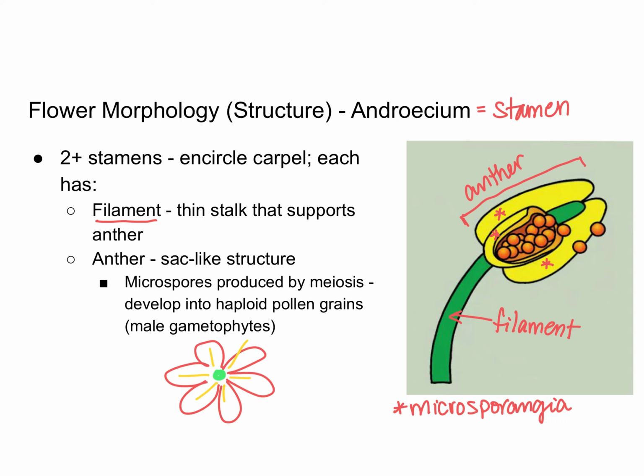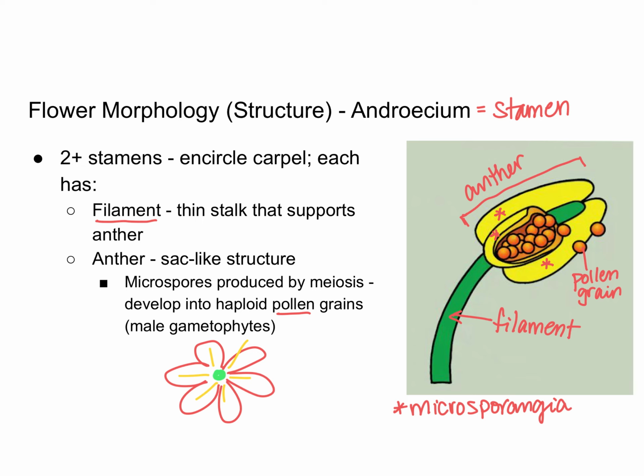So inside these microsporangia in the anther, there are specialized cells called microspores that are produced by meiosis. And ultimately, they are going to develop into pollen grains. And so each of these little circles here is referring to a pollen grain.